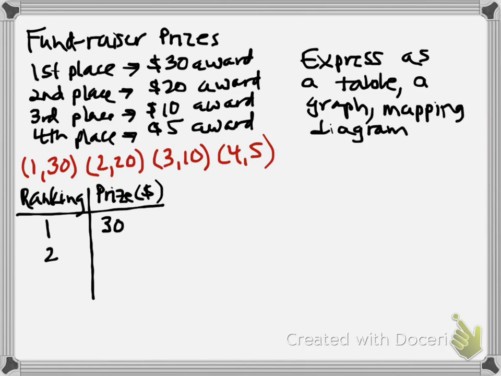We rank second, we get $20. We rank third, we get $10. We rank fourth, we get $5. Pretty easy. So if they asked you to express it as a table, that's all you would do. You have to title your tables, like even what we've been doing the last few days: x, the equation, y, and the ordered pair. Same idea, we've got to label it.